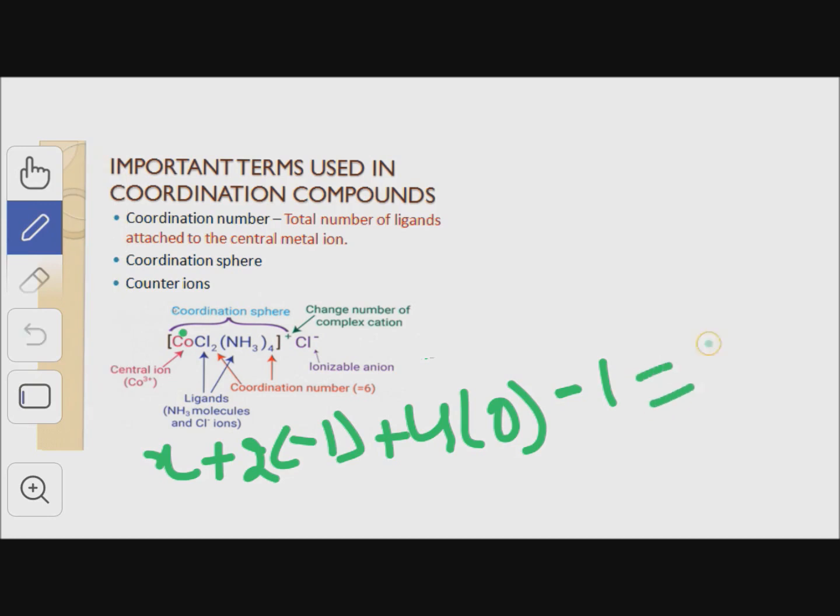And the overall charge of the complex is 0. From here we have -3, which after going to the other side of the equal sign becomes +3, and the oxidation number on the central metal ion is +3. In this way we can calculate the oxidation number of the central metal ion.